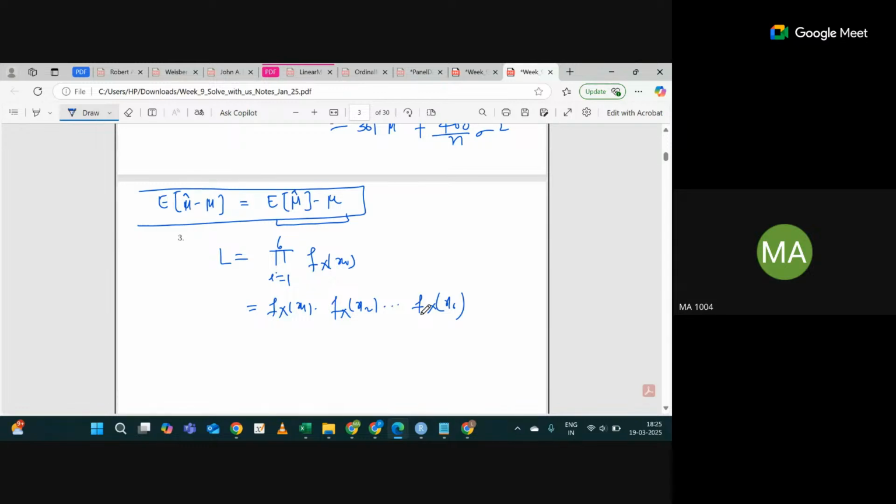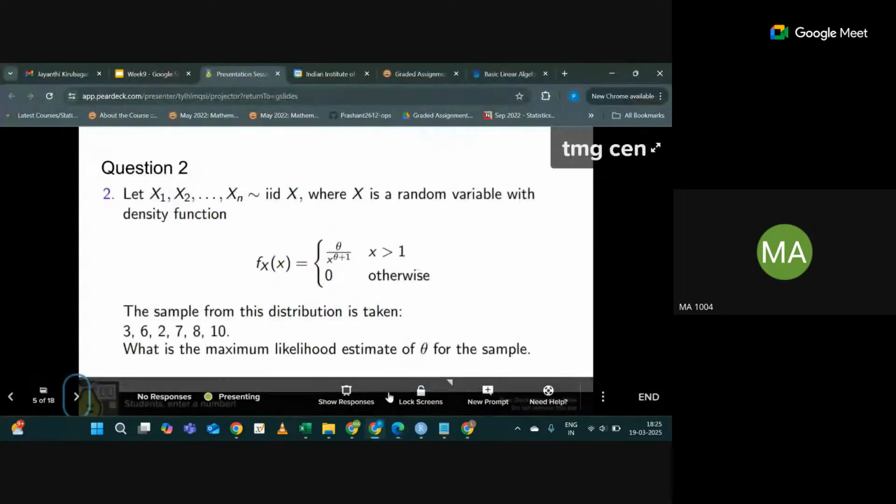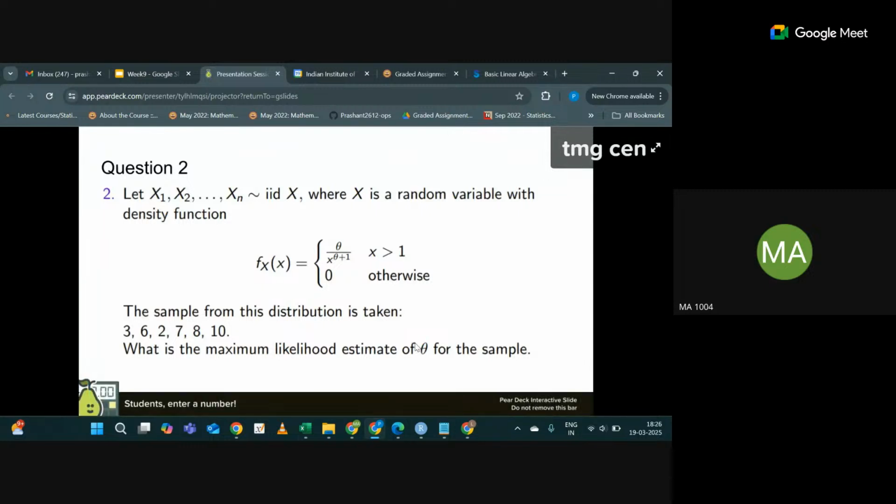So first find the likelihood, and then, since we have to maximize it, recall that yesterday we saw maximizing the likelihood is the same as maximizing the log likelihood. Then take the log of the likelihood function, differentiate with respect to theta and equate with 0, and then you will get the maximum likelihood.